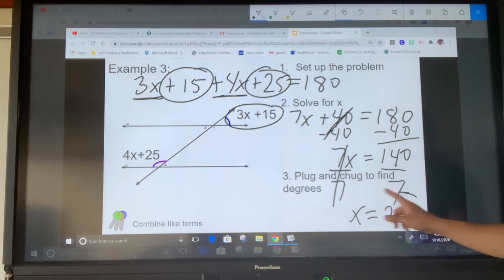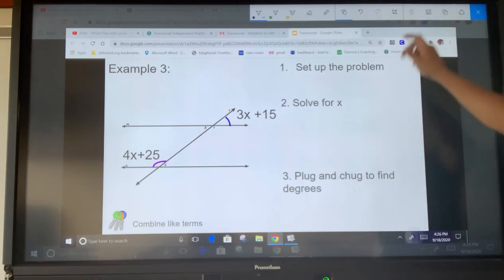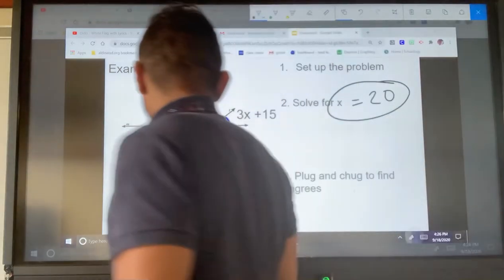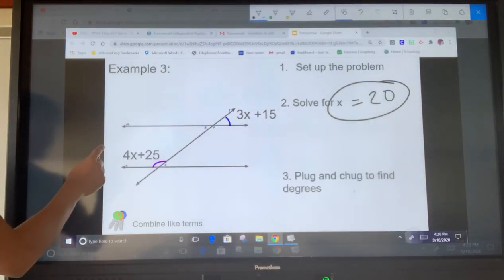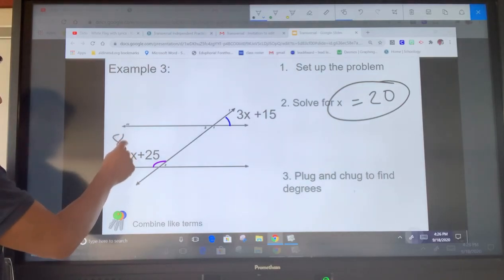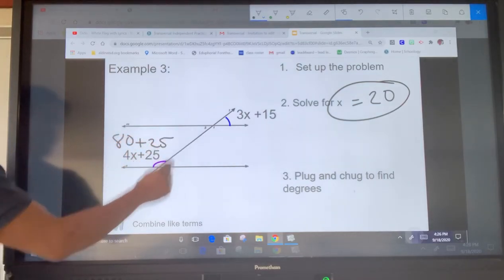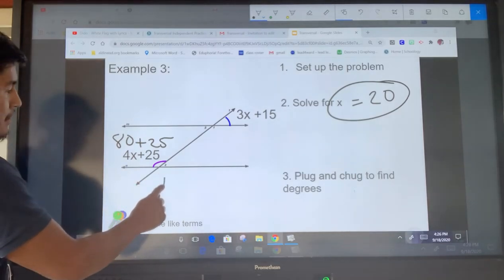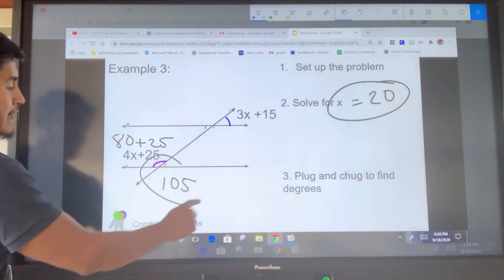Then you can plug it back in to check. That's the last step. With 20: 4 times 20 is 80, plus 25 is 105, so that's our obtuse angle.